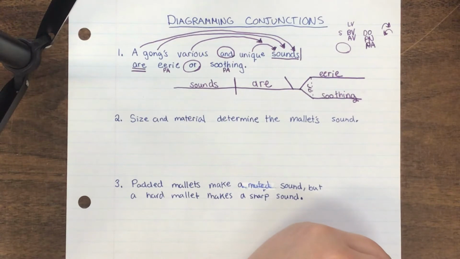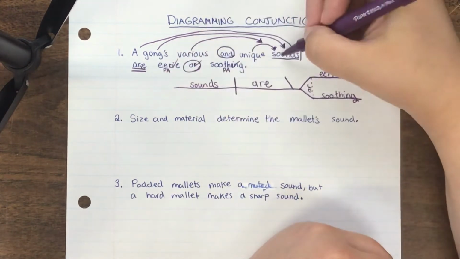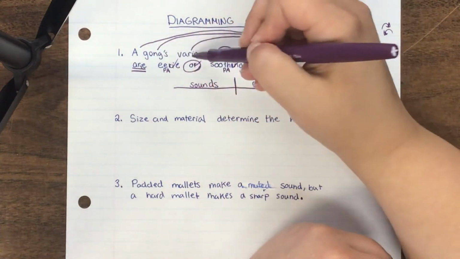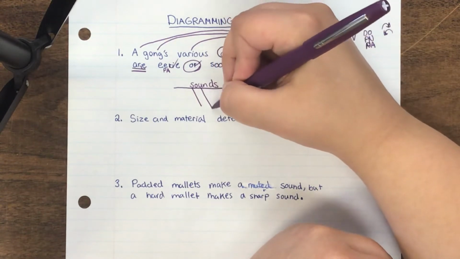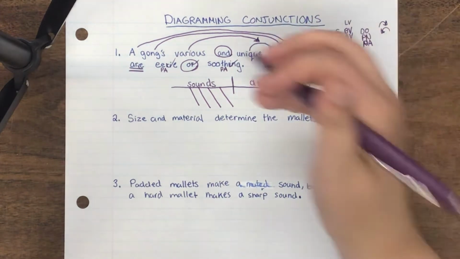Now, what else do I need to do? I have all of my adjectives. So I have 1, 2, 3, 4 adjectives. I'm going to have to put off of sounds. So 1, 2, 3, 4, there we go, and I'm going to write them all on there.